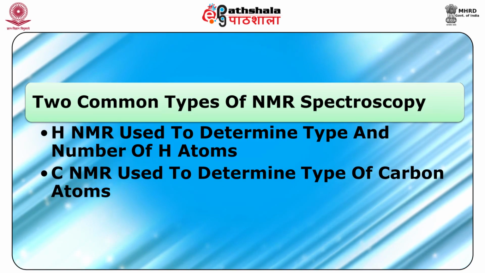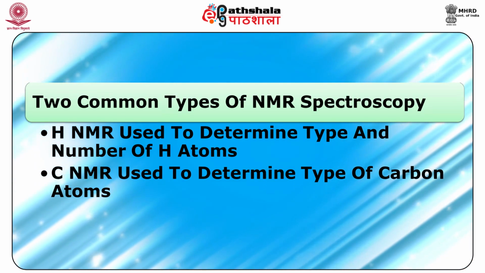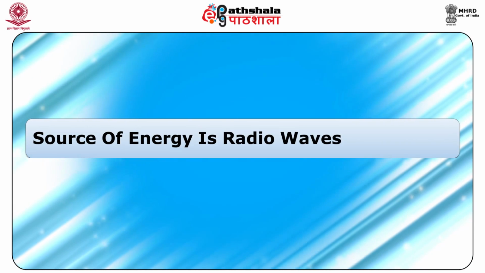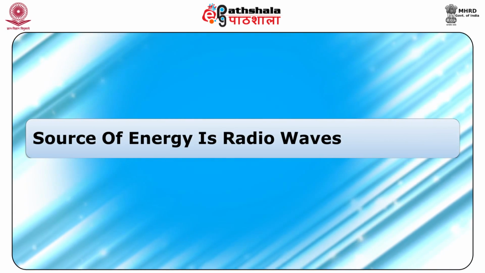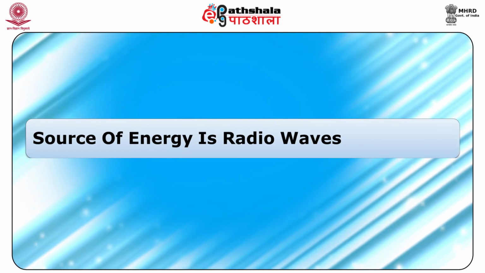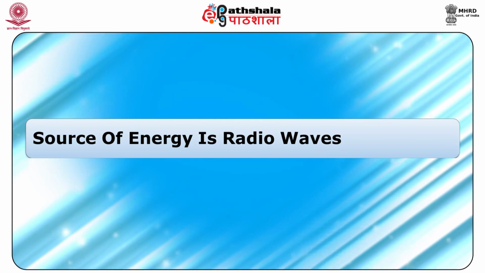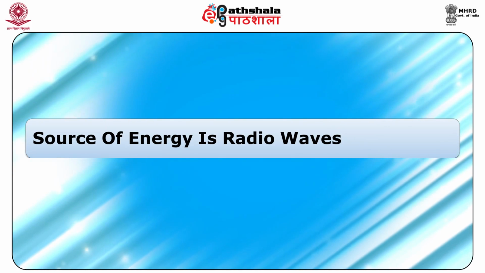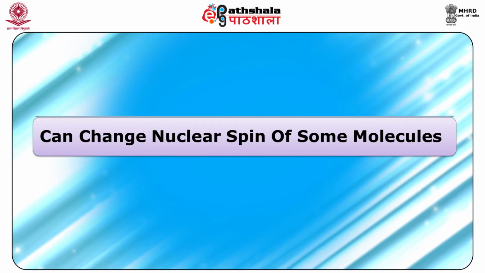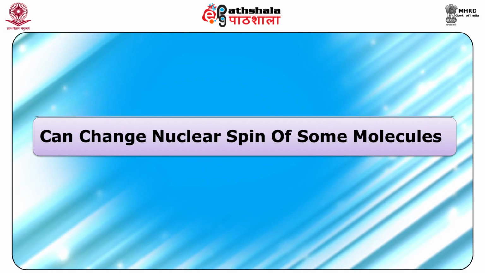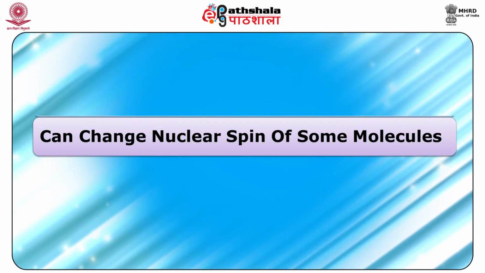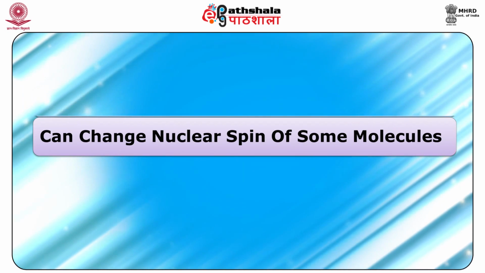Carbon NMR is used to determine the type of carbon atoms in the molecule. The source of energy in NMR is radio waves, which have long wavelengths and thus low energy and frequency.